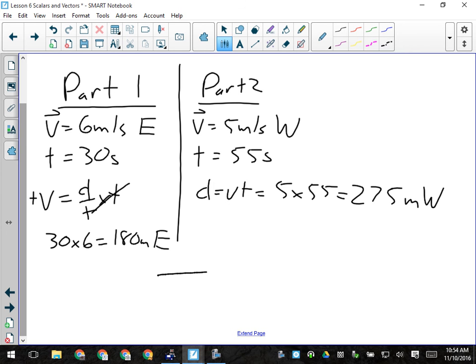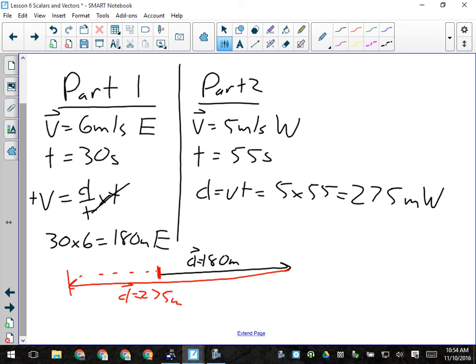All right, now I can draw that diagram of the kid's trip. So we're going to have 180 meters, a displacement of 180 meters that way, and then he's going to come back 275 meters. If the kid started right here, his displacement is from here to there. Everybody all right with that? So I'm going to go 180 plus negative 275, or you can go 275 minus 180.